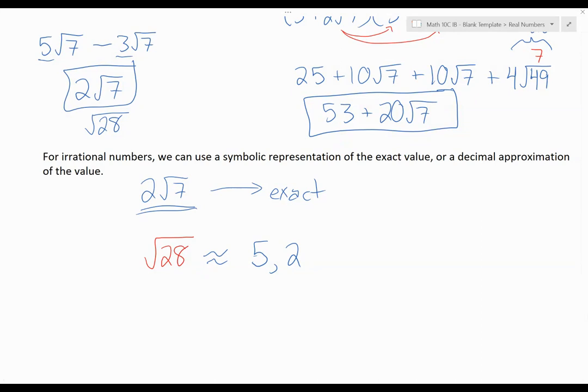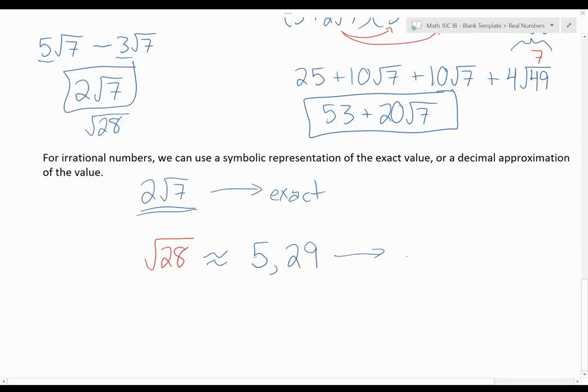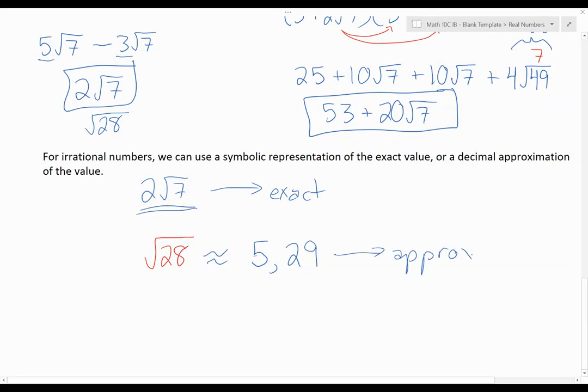Now, it turns out, if I actually put this into my calculator, that it's closer to 5.29, so 5.3. But if I was just doing this using mental arithmetic, then 5.2 or 5.3 would be a reasonable approximation to make based on that radical. So this representation is just an approximate value because there are more decimal places after that 9.